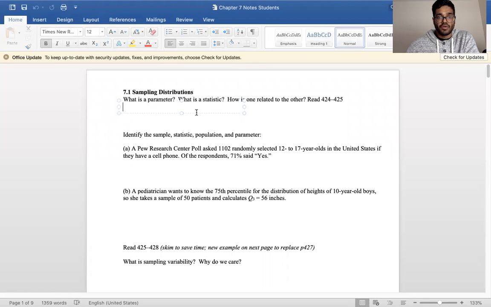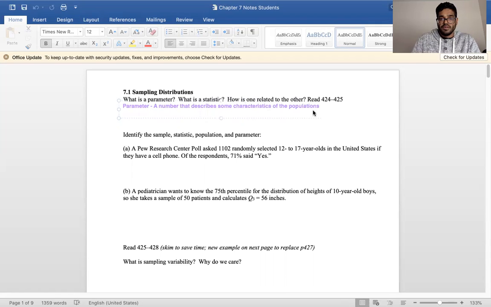And the biggest difference is a parameter. Easiest way to remember this is parameter starts with a P, which represents population. S stands for statistic, so think of the S as sample. So a parameter is a number that describes some characteristic of the population.